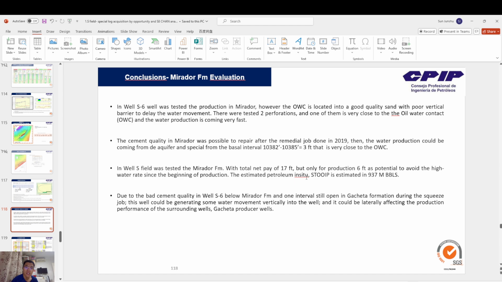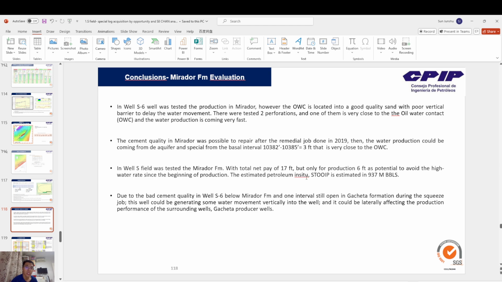The estimated petroleum initially in place is estimated at 937,000 barrels.